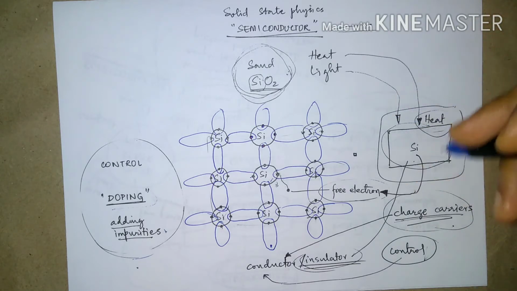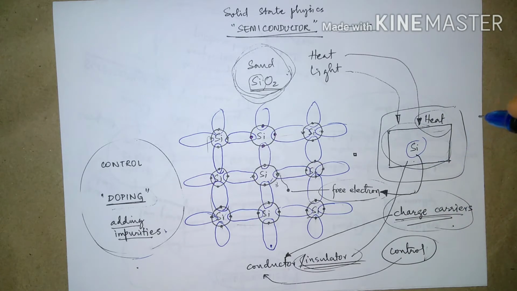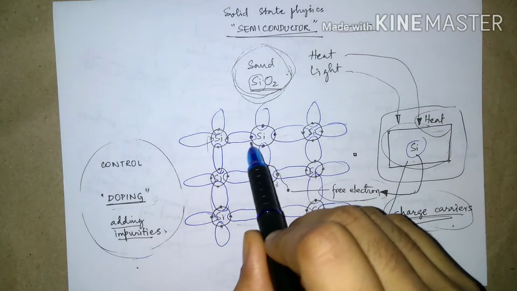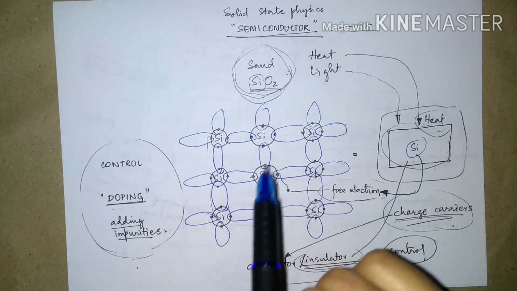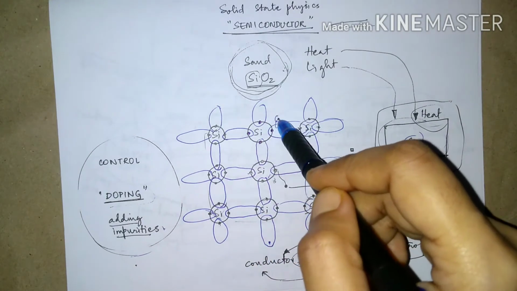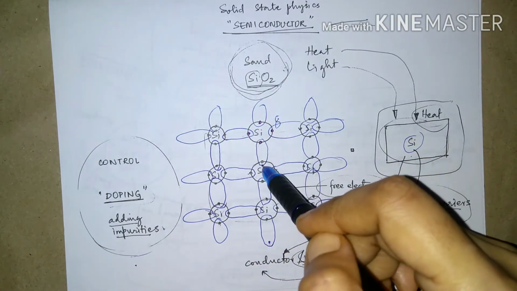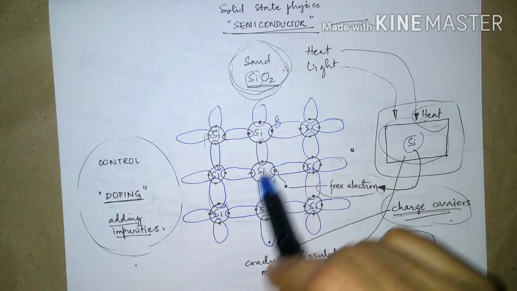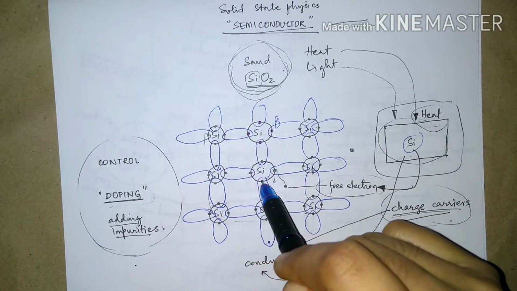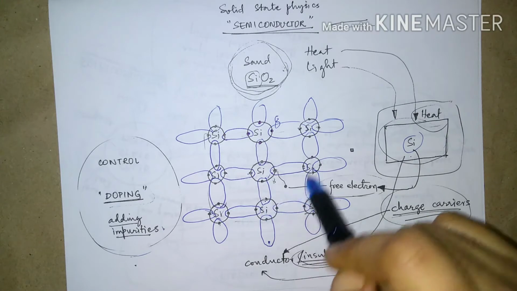So that is the condition of pure silicon. They don't try to make any bond because they already formed covalent bonds, shared 4 electrons, and got 8 electrons on the whole. So this particular silicon got 1 2 3 4 5 6 7 8 electrons.